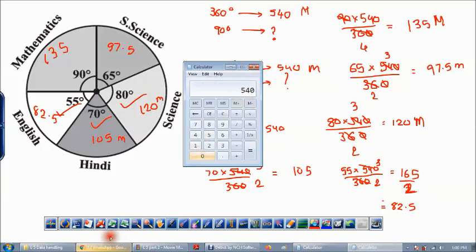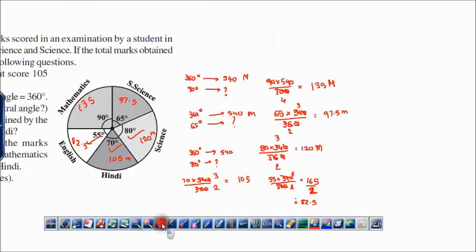So whenever there is a big question, you have to first calculate all the marks and then start answering.